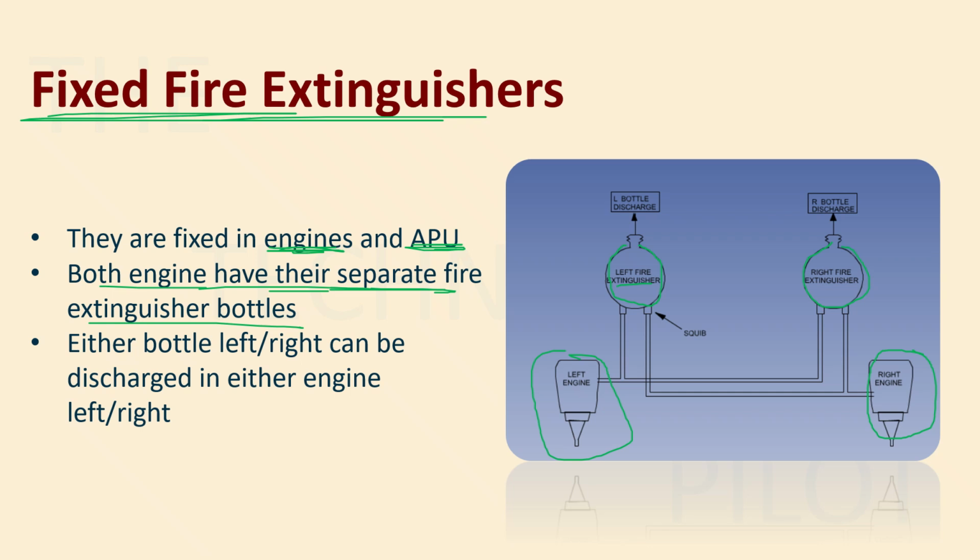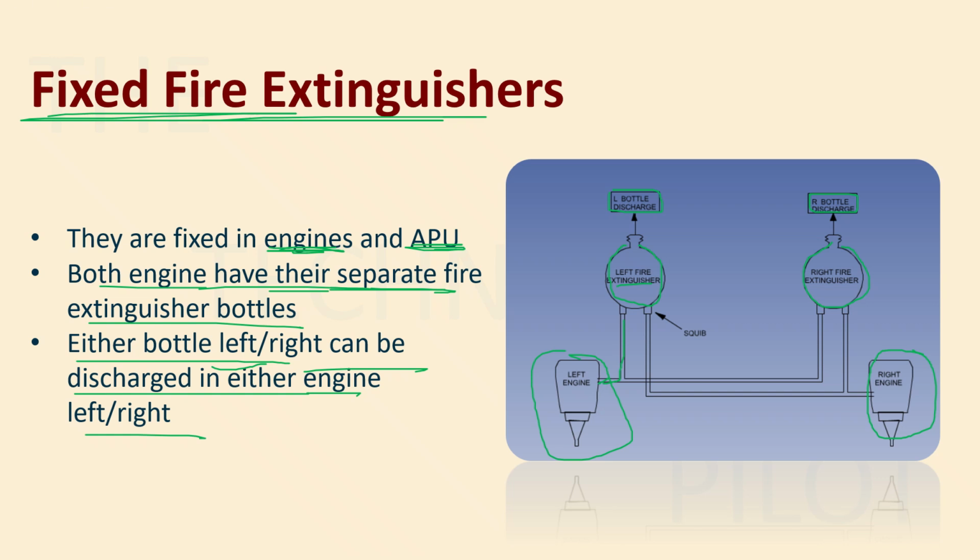And there is a button which is controlling these bottles, right bottle and left bottle discharge. If the pilot presses this button, they'll discharge the extinguishing material inside the engines. And the thing about these kinds of systems is that either bottle, left or right, can be discharged in either engine, left or right.